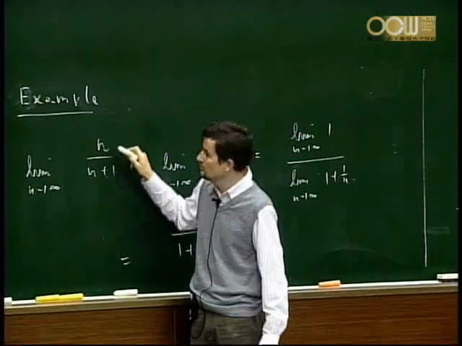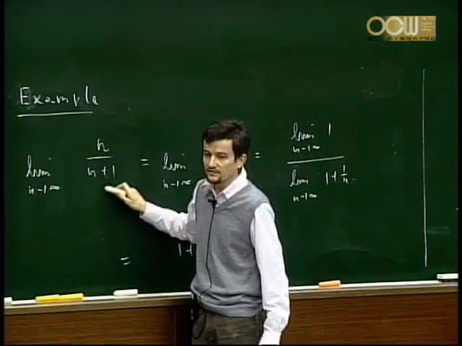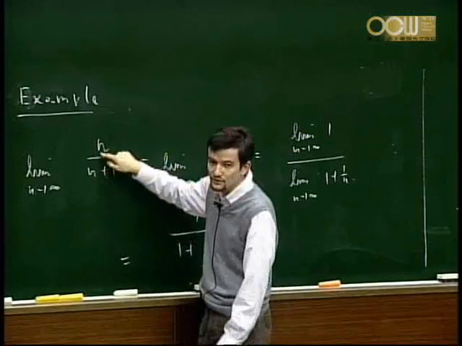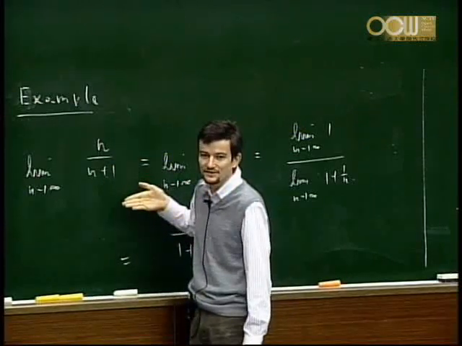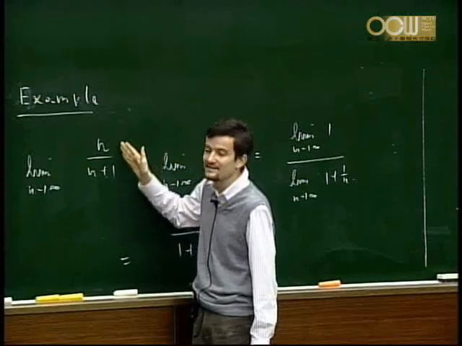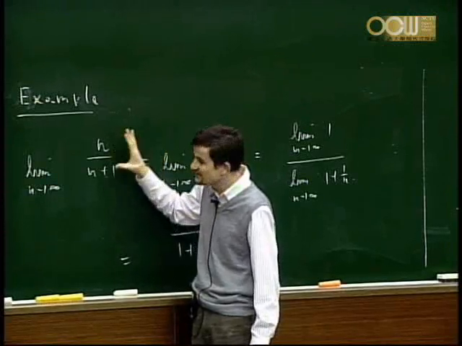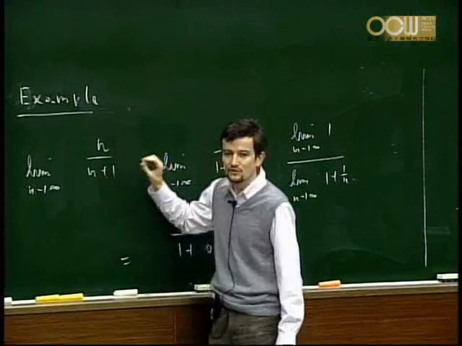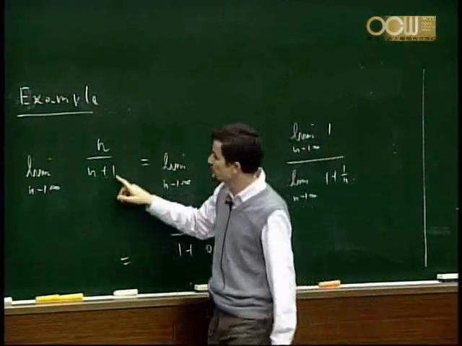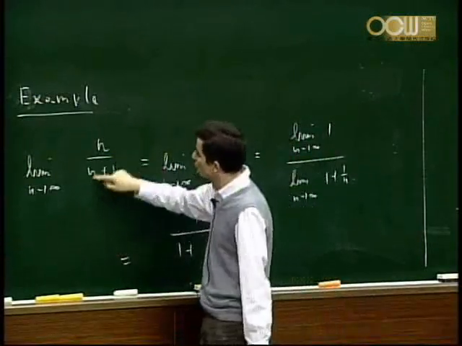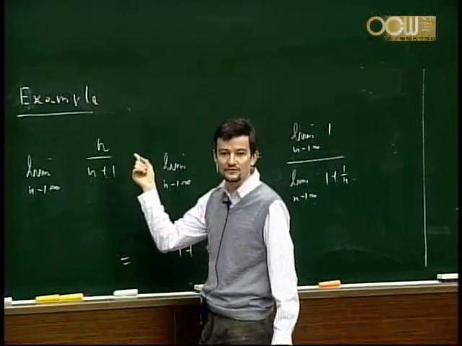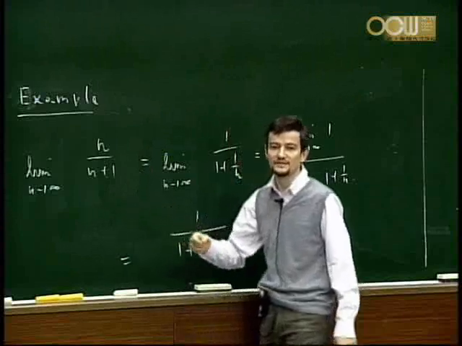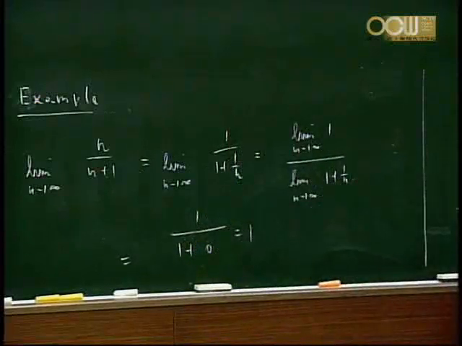If you use L'Hopital here, you differentiate here, you get 1, you differentiate here, you get 1, and this is the limit. But you are not allowed to apply the rules of L'Hopital because it's a sequence. So what you do is you look at the function f of x equals x over x plus 1, you use L'Hopital for this function, and you use the theorem I told you in order to deduce the limit here. It's just to make this clear once and for all.